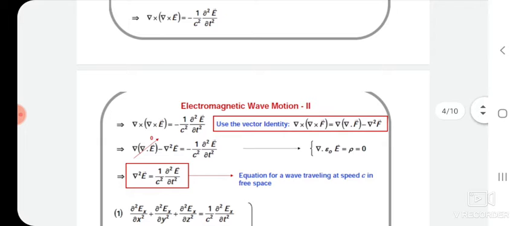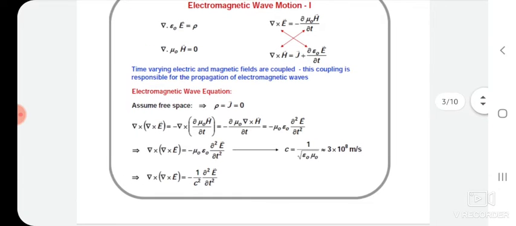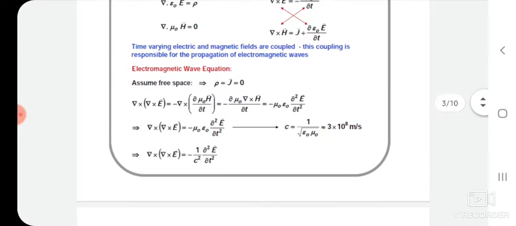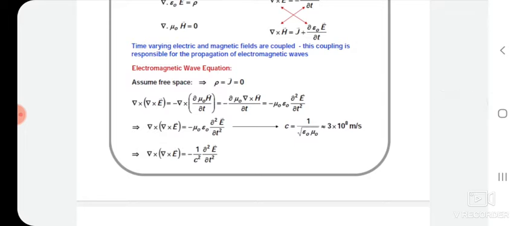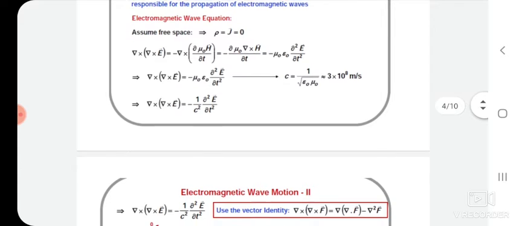For deriving the wave equation for electric field, we are taking the curl of Maxwell's third equation. When we are deriving the wave equation for magnetic field, we are taking the curl of the fourth Maxwell's equation.